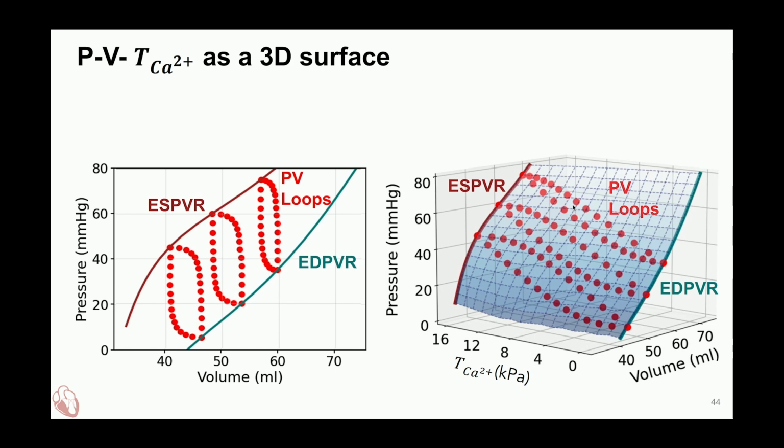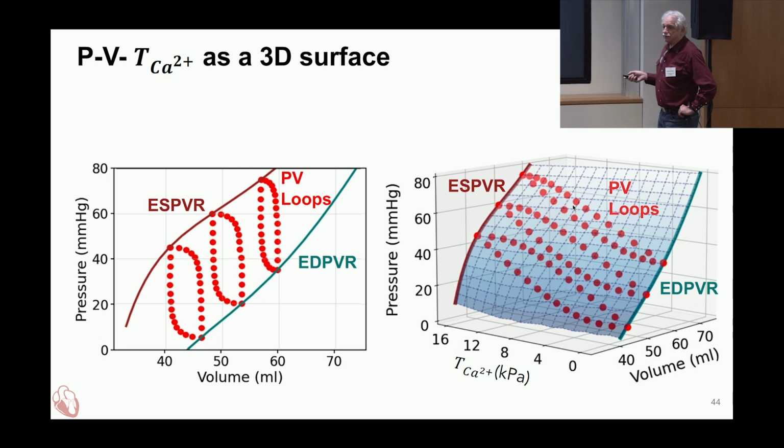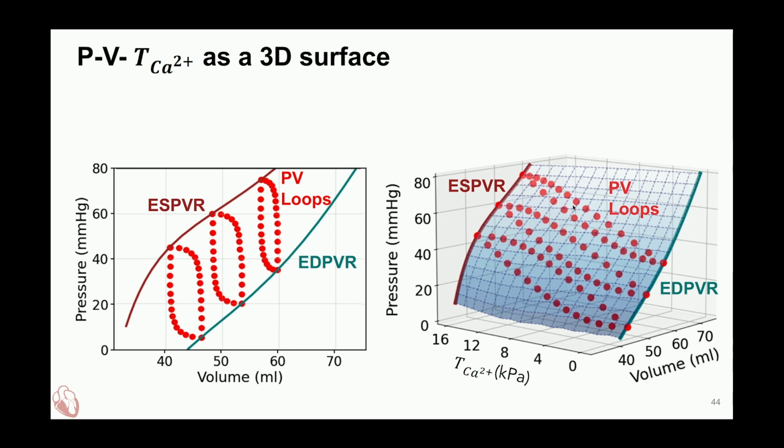Now, what's really cool, and this was one of the things that I thought was really cool: because we're not simulating the heart directly initially, we can train over the pressure, the fiber stress, and the volume. So this plane here represents our actual training space. You can see this is what the pressure volume loops look like when they're mapped onto that space. So you go from here to here, and we need to train over all of that.